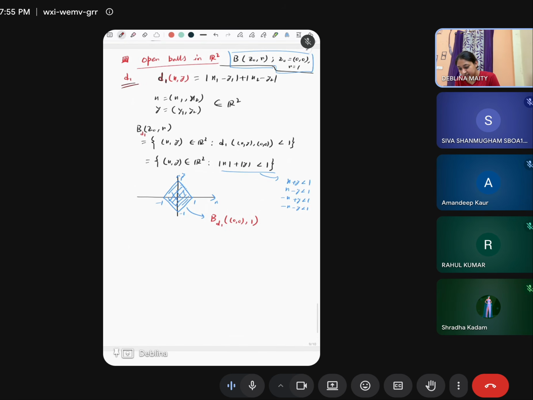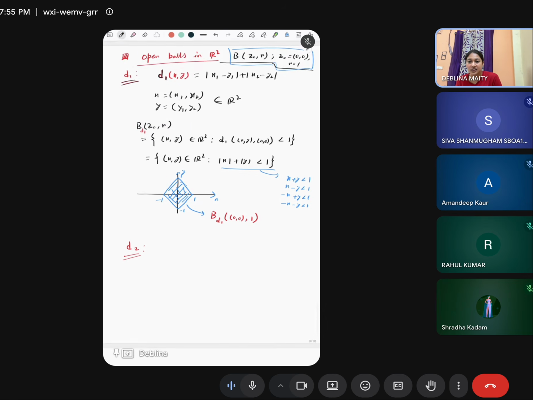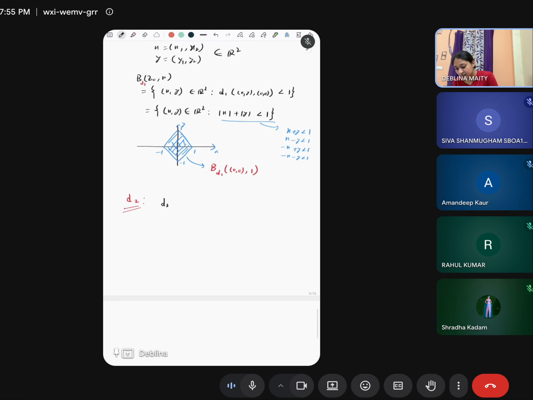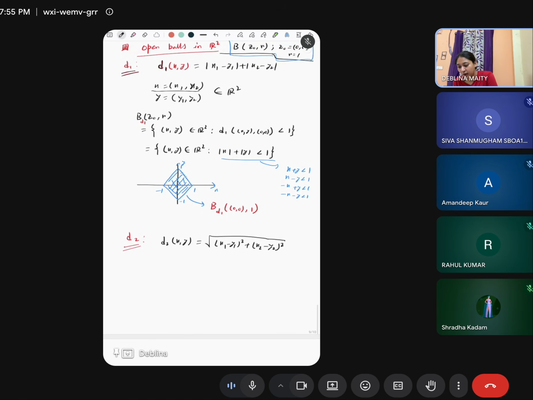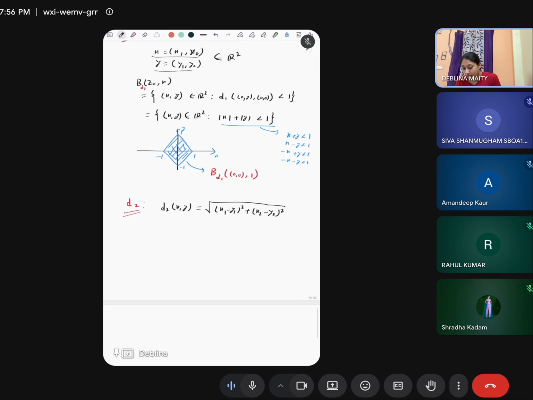Now we'll take a different metric, d2. Suppose d2 is the usual Euclidean metric, the square root of (x1 minus y1) squared plus (x2 minus y2) squared, where x is (x1, x2) and y is (y1, y2). Now what is B_d2((0,0), 1)?